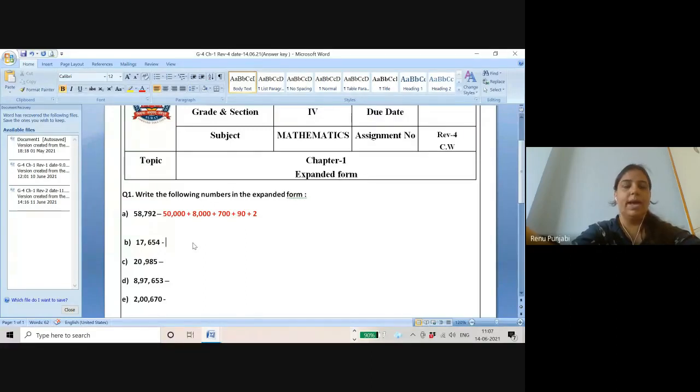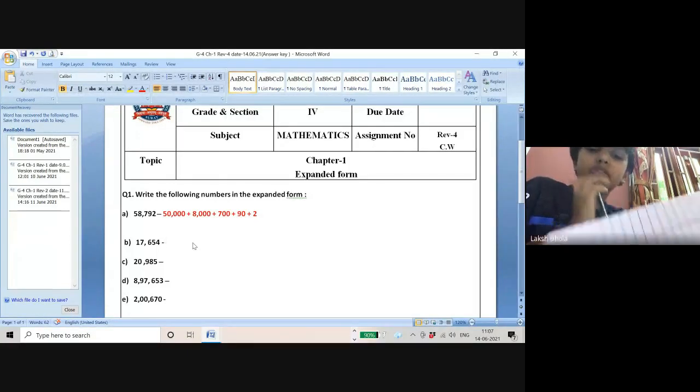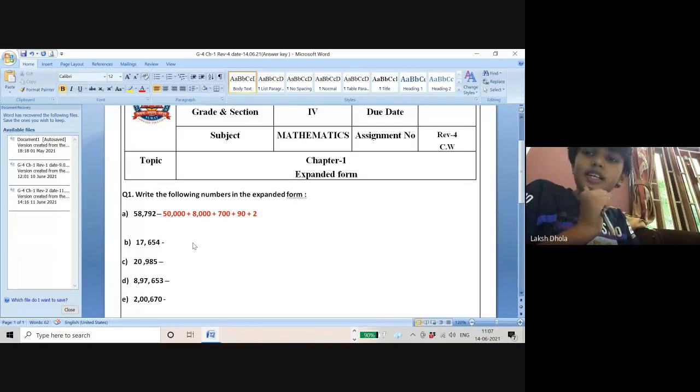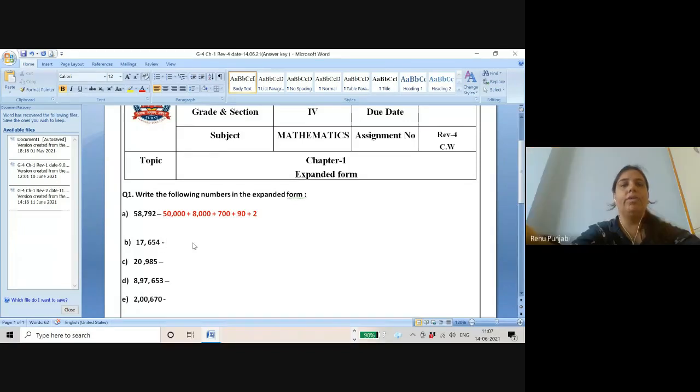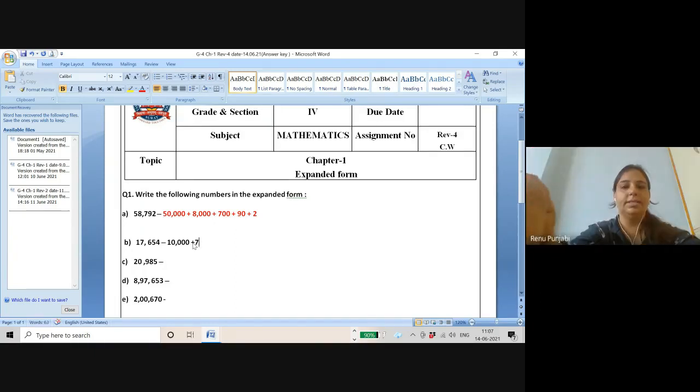What is the place value of the 1? The place value of 1 is 10,000. So 10,000 will come. 1 multiplied by 10,000 is 10,000. Got it now? What is the place value of 7? 7,000. Yes.